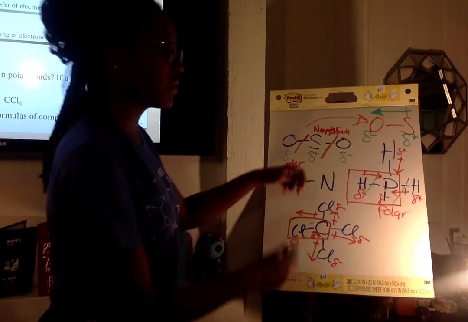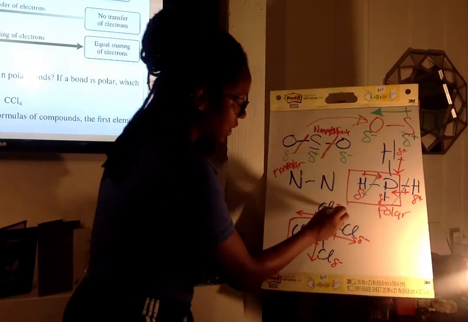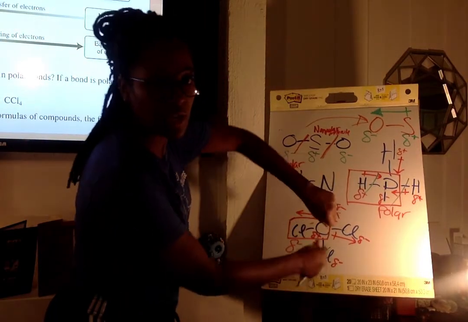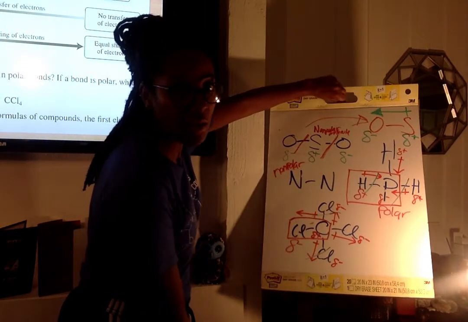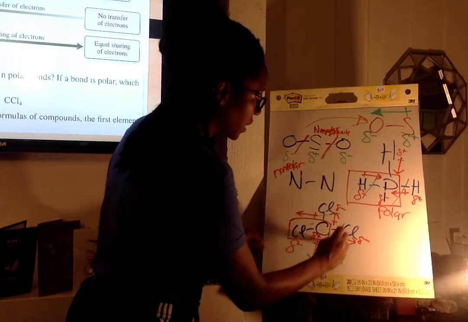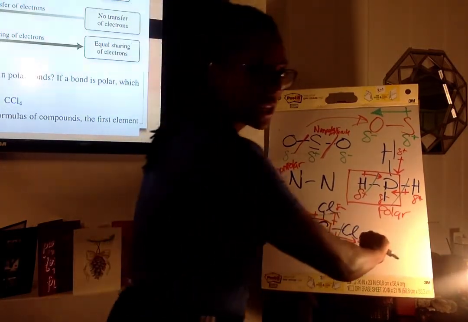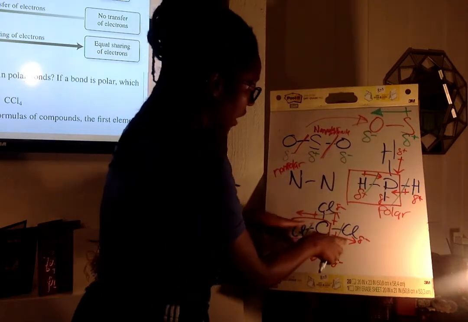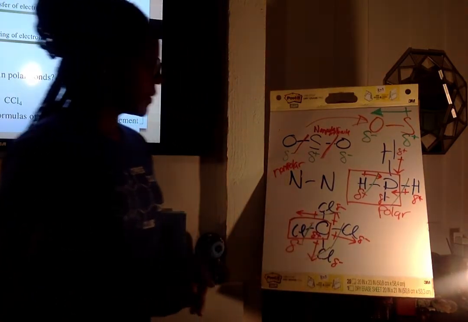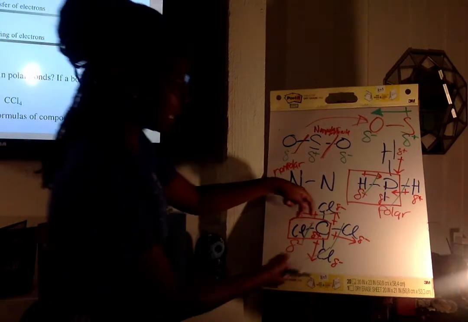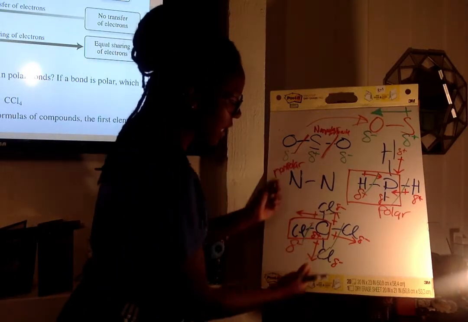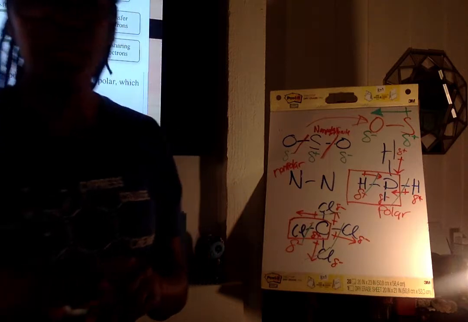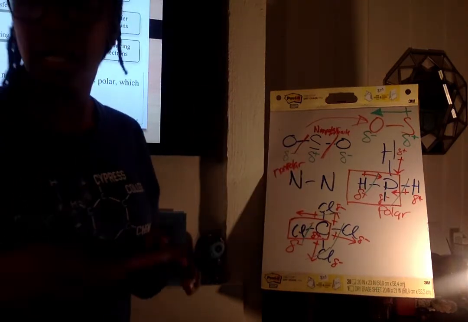If you think of it like a tug of war, these are pulling in this direction, equally, and then these are pulling in the opposite direction, pulling out equally. So because these cancel out, there's no net pull, because the pull is equal on this side and equal on that side. Therefore, that would make this non-polar.